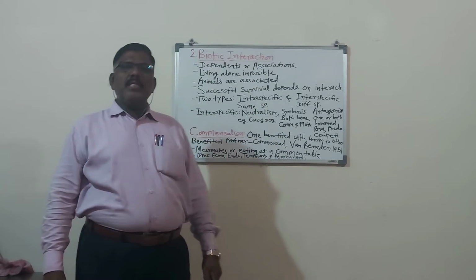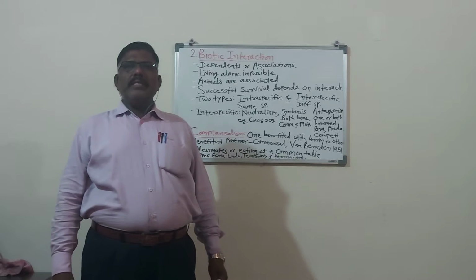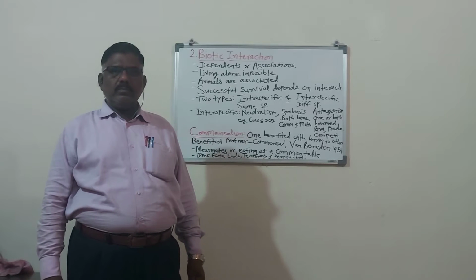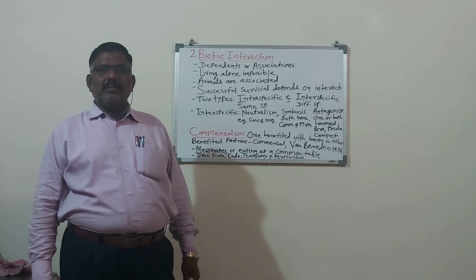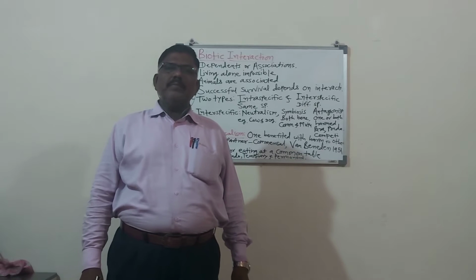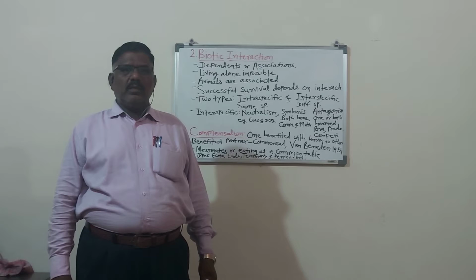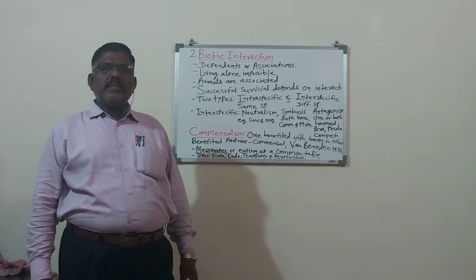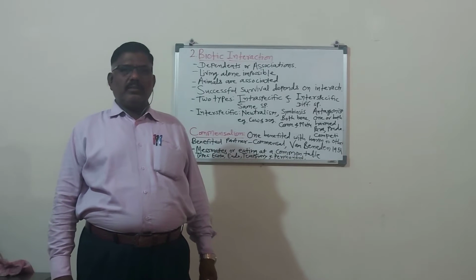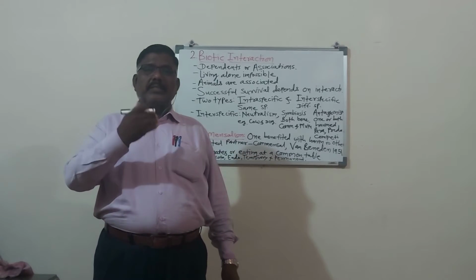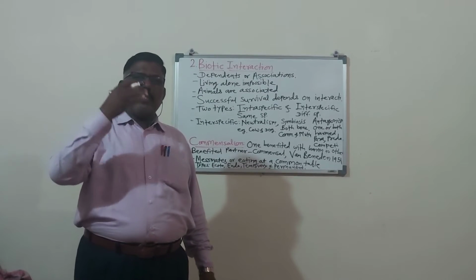Here the meaning of the chapter biotic interaction is the interaction between living things. Remember, biotic means living. Interaction means dependence or association. So among living things there is association or dependence. You are dependent on your parents, and when your parents are old, then they are dependent on you.